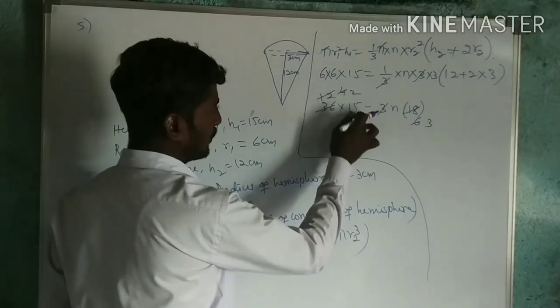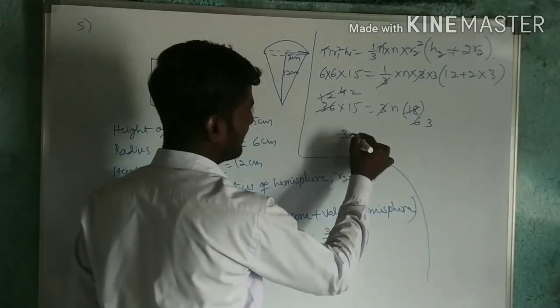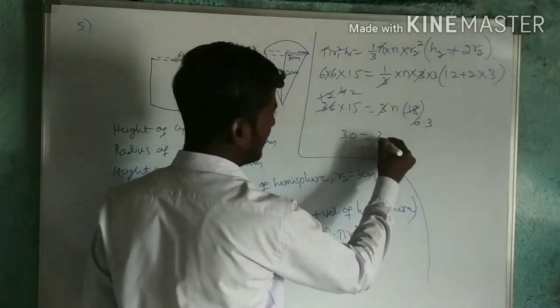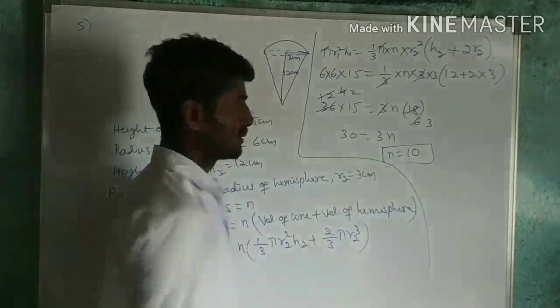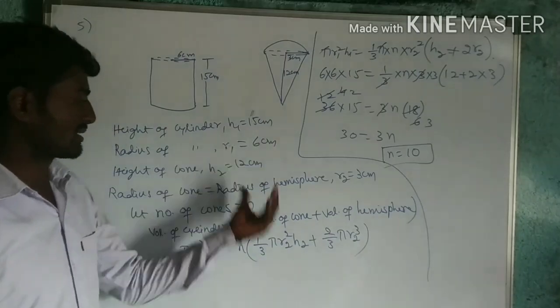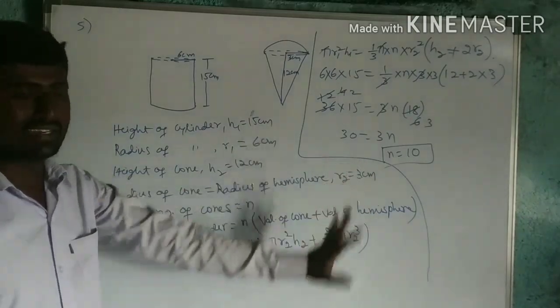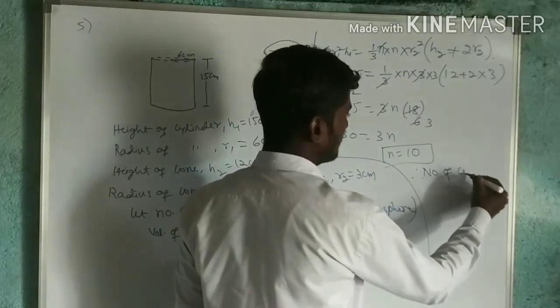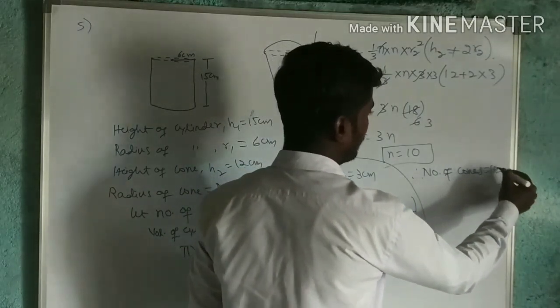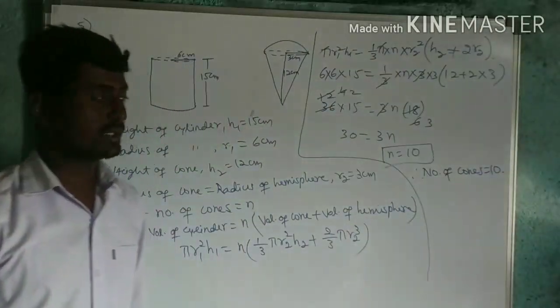Left side is 2 into 15, that is 30. Right side 3n. Now here n I am getting as 10. So the number of such cones is 10. Let us write the conclusion: number of cones is equal to 10.